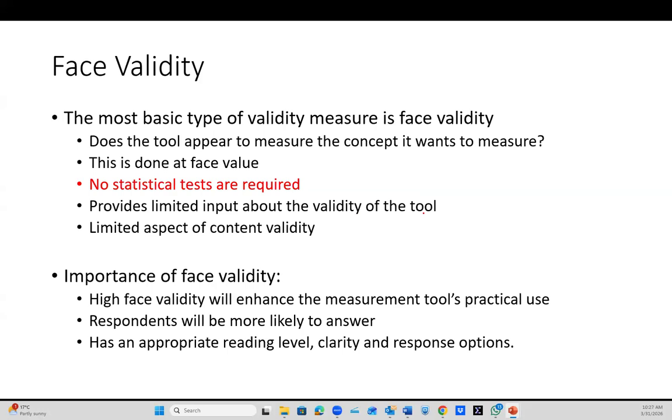It's simply: does it appear like it measures what it's supposed to measure? Again, it's the first level, and sometimes in an article you read that this tool has proven to have good face validity, but this is really the weakest type of validity, so it's a limited aspect.